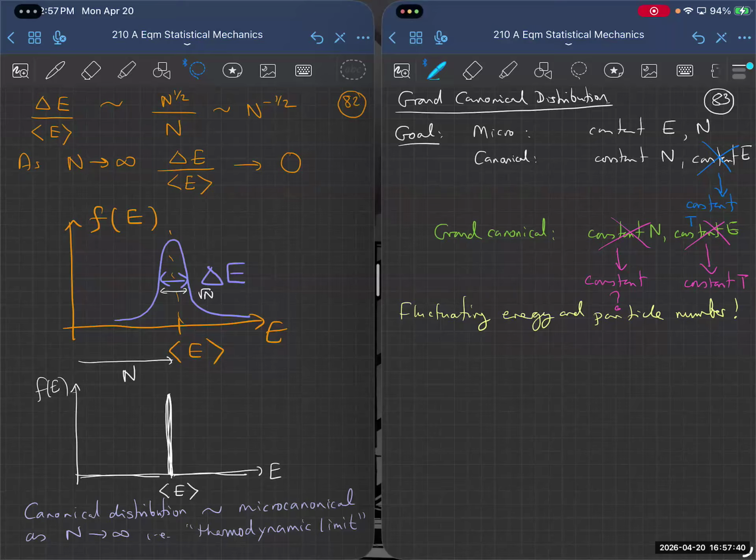So the first question that you're going to ask is, how does this make any physical sense? And my answer to that is it makes a lot more physical sense than the canonical distribution.